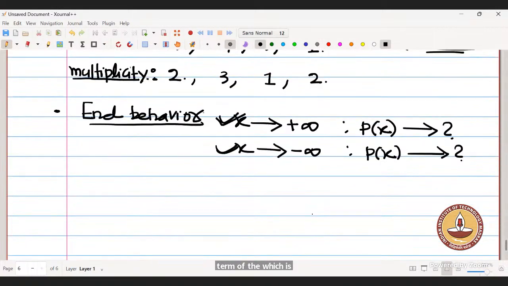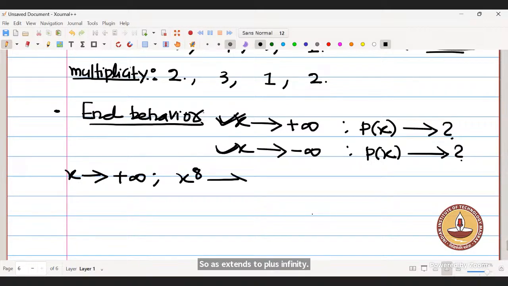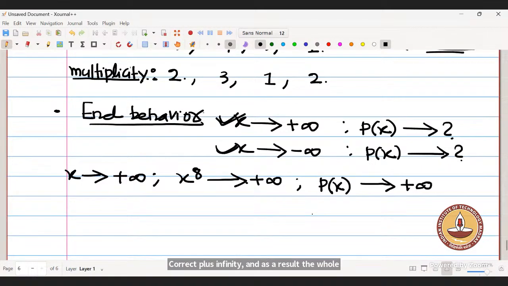So as x tends to plus infinity, where does x power 8 go? Plus infinity, correct. As a result, the whole polynomial goes towards plus infinity.